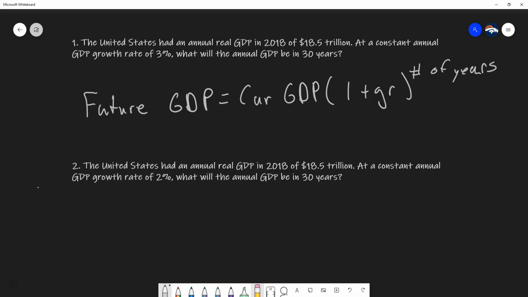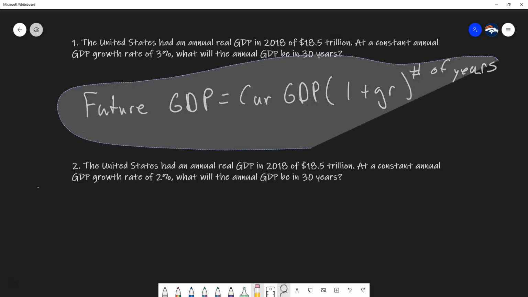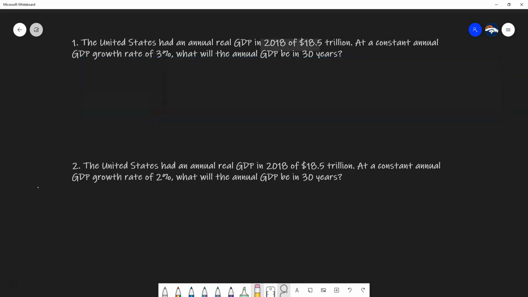So what we're looking at is, if we grow at a constant growth rate, what would GDP be in a given amount of time? I'm going to erase that and go through the problem with you, and then I will explain a little bit more about what it means.